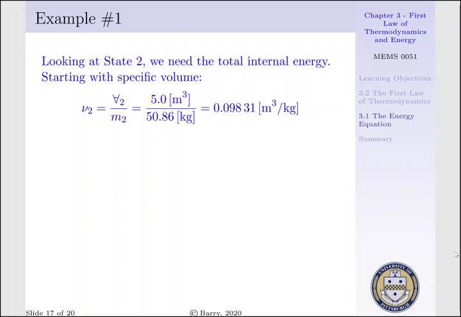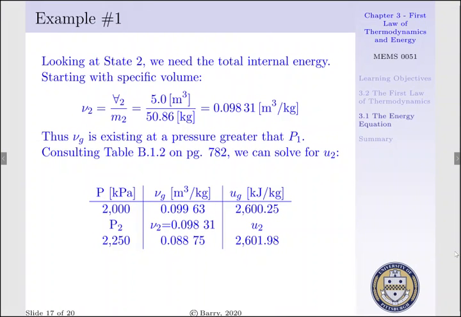To determine our internal energy at state 2, we first need to determine our specific volume at state 2, such that we can determine what pressure we are existing at. Our specific volume at state 2 is equal to our volume at state 2 per mass at state 2. Our volume at state 2 is 5 cubic meters, and our mass is the sum of the mass of our saturated liquid and mass of our saturated vapor corresponding to state 1, or we have 50.86 kilograms. Thus, our specific volume at state 2 is 0.09831 meters cubed per kg.